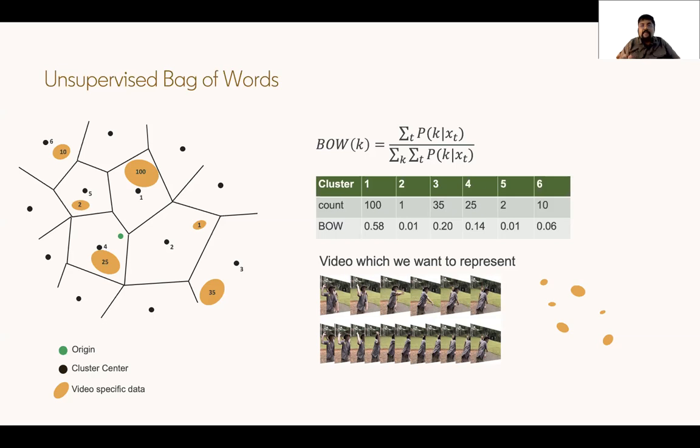And let's say you already have a trained k-means model, you just want to assign each frame to the right cluster. Let's assume that for a given video, cluster 1 gets 100 frames, and cluster 2 gets 1 frame, and cluster 3 gets 35 frames, and so on. In this particular case, we can simply divide the counts for each cluster by the total number of frames in that video to get a simple bag of word representation.